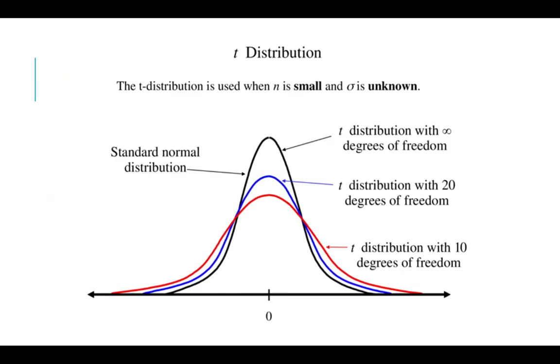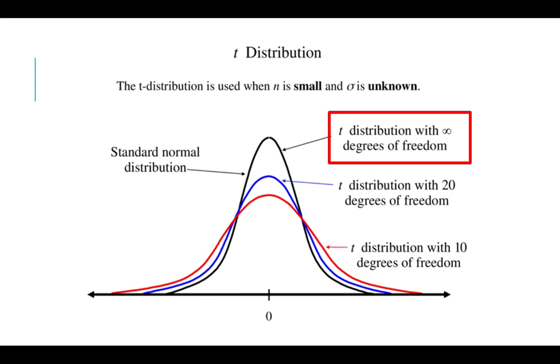We can see that right here, because what I have is a t-distribution, but we have 3 of them. Why do we have 3 of them? If you look at the right, it's because there are different degrees of freedom. The black distribution is our t-distribution with infinite degrees of freedom. We're really just talking about converging to our standard normal.